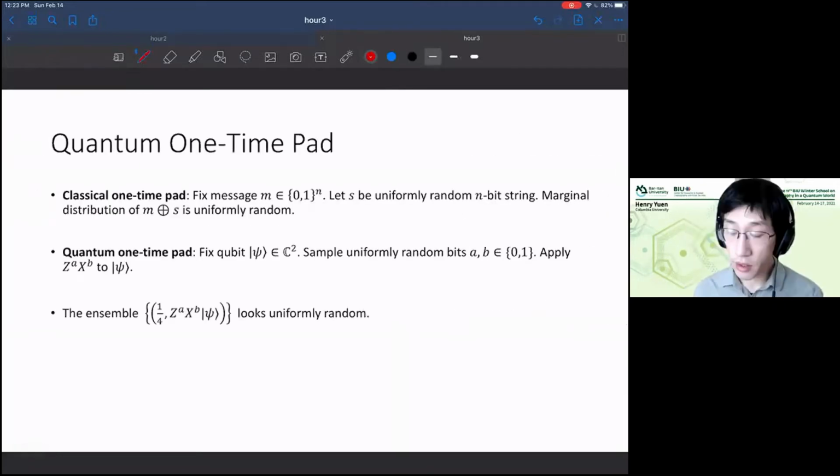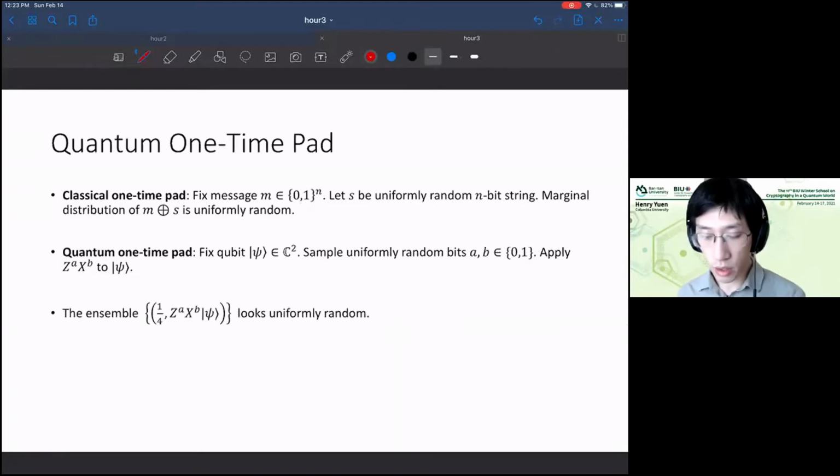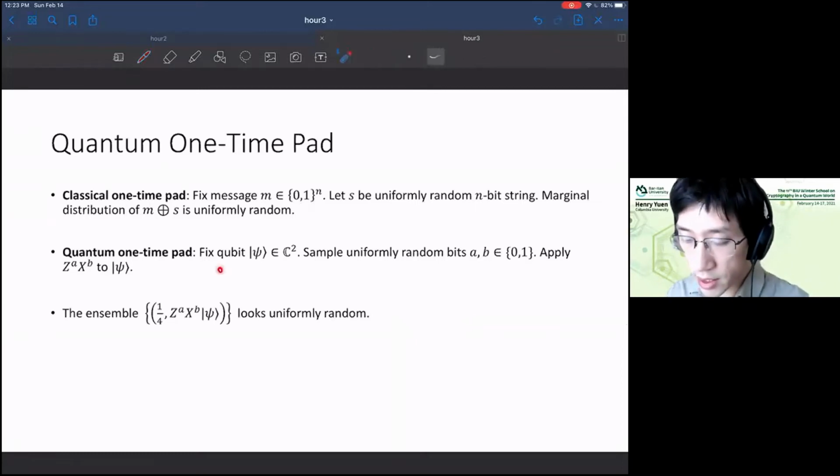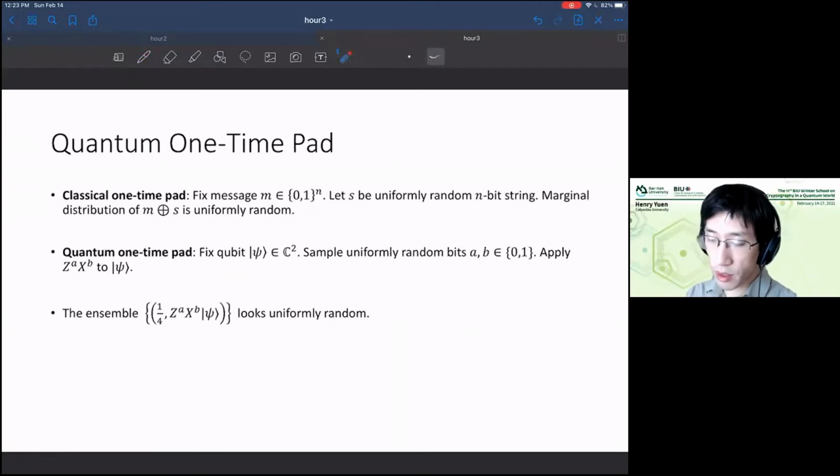So here's the quantum analog. It's called the quantum one-time pad. And let's just talk about it for qubits, but you can easily extend this to multiple qubits. Let's say you have a qubit state psi. We're going to sample not just 1 bit to randomize it, but 2 bits. We call these A and B. And we're going to apply Z to the A, X to the B to psi.